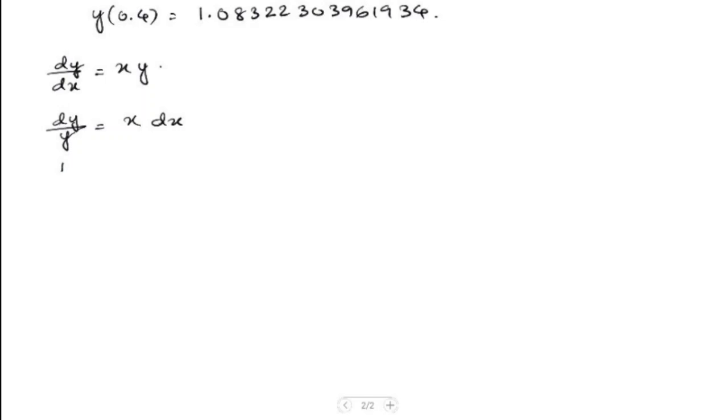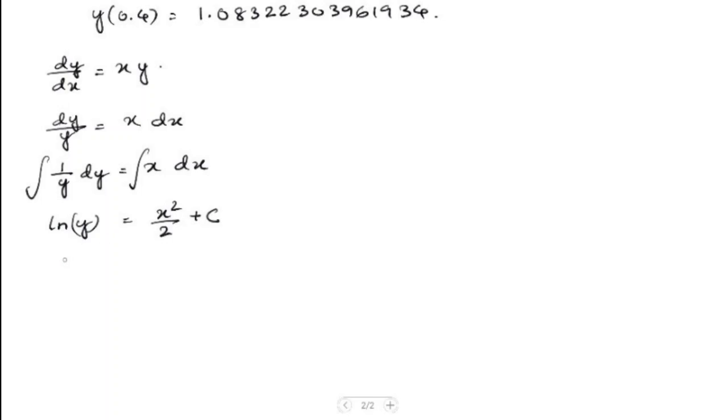So this can be written as 1 over y dy is equal to x times dx. Then we find the antiderivative of this. So this one will be ln y, and this one will be x squared divided by 2 plus the constant c.